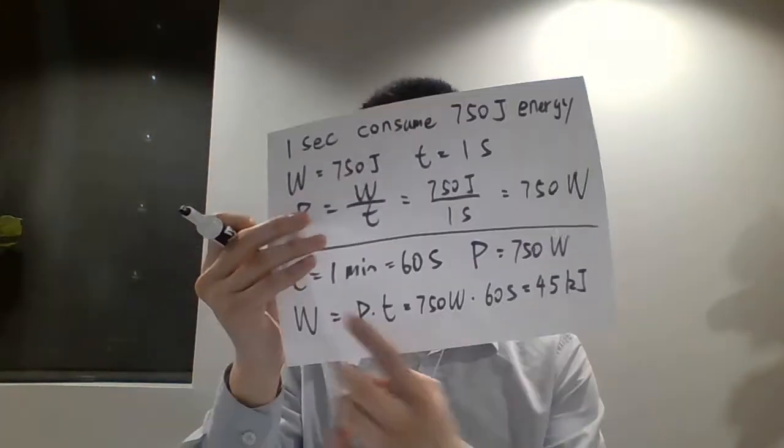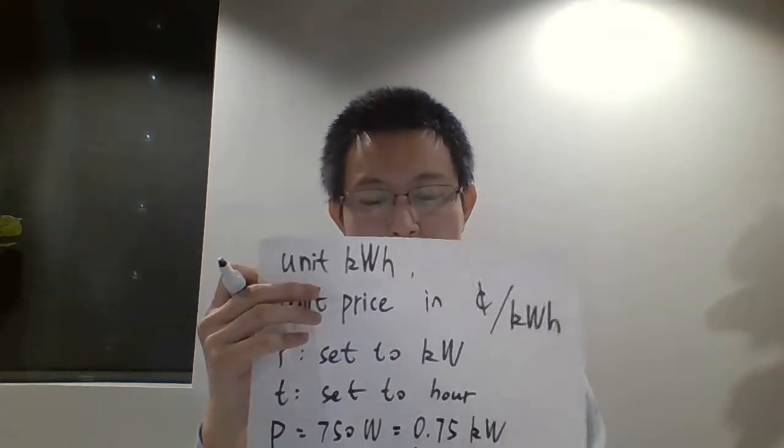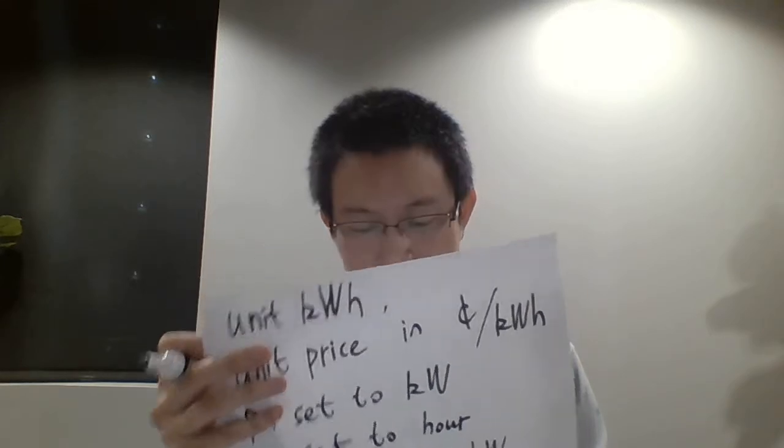So if we take this question as an example, P equals 750 watts for this microwave. In kilowatts, it's 0.75 kilowatt, right? And T equals 1 minute, which is 1/60 hour.